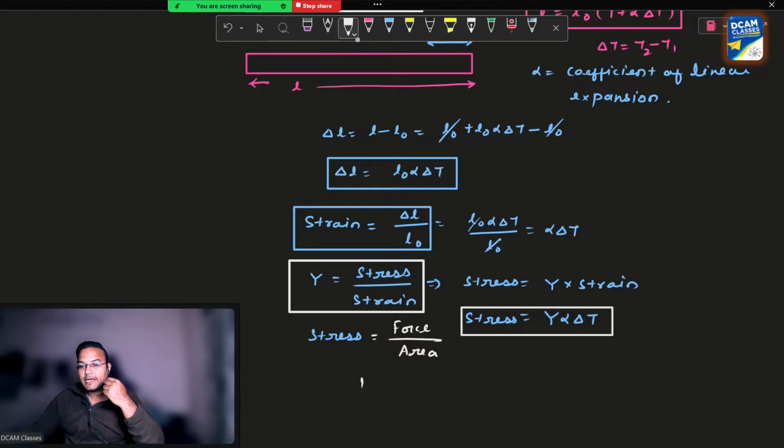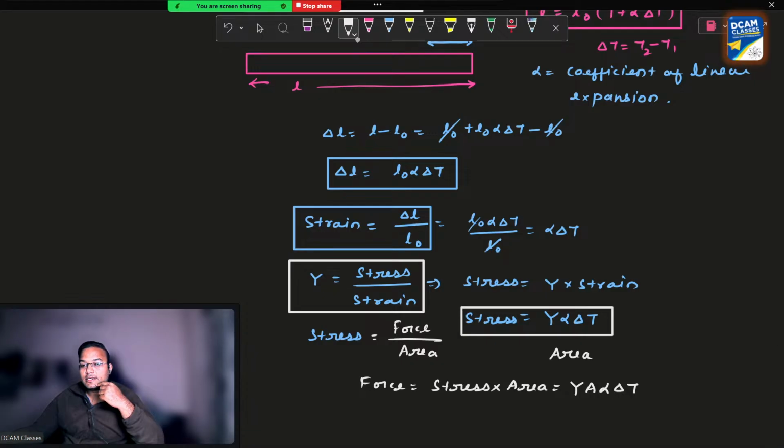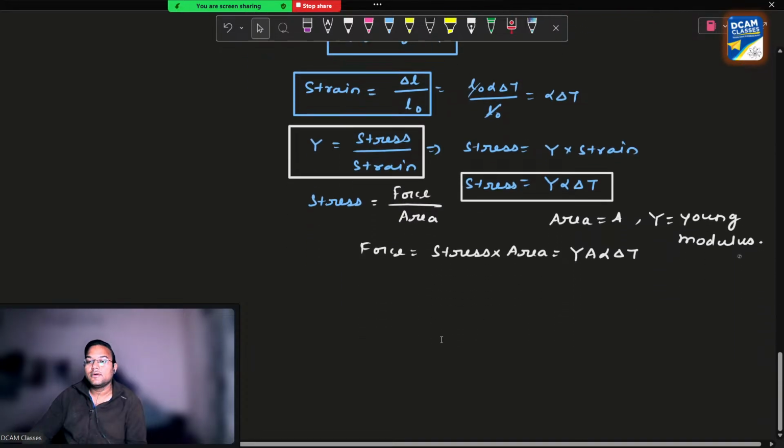So the force which is generated is equal to stress into area, which will be equal to Y A alpha delta T, where area is A, and let me write Y also, Young modulus. Kanisha, do you have the idea of this one now? Somewhat the idea of this Young modulus? Yes, sir.